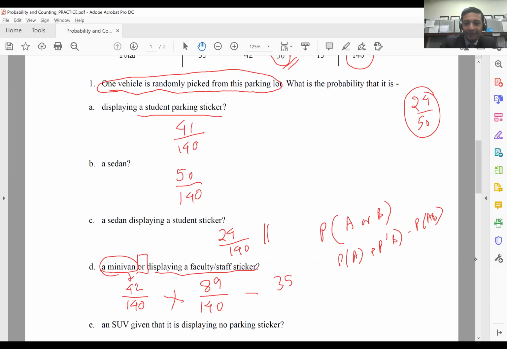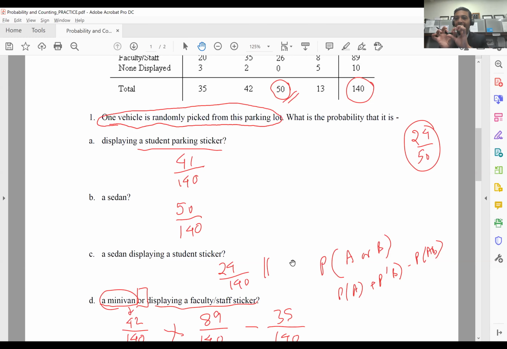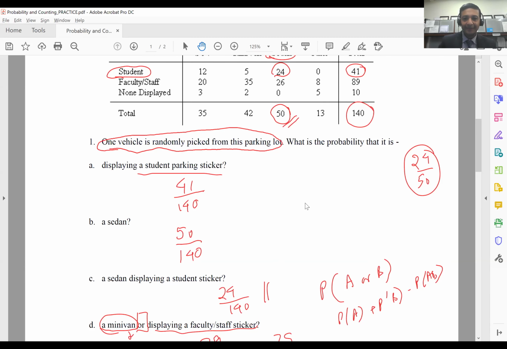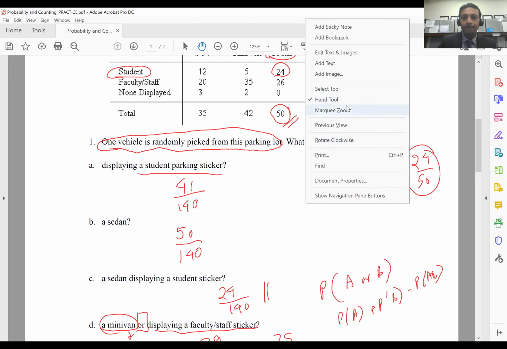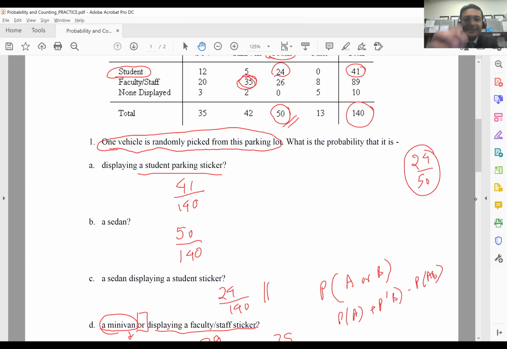minus 35 over 140, right? Because if you really think about this as only two events, then if you're capturing the probability of both those events, the common shaded area has been captured twice. And so one of them has to go. And that one of them is in essence, this guy here, right?